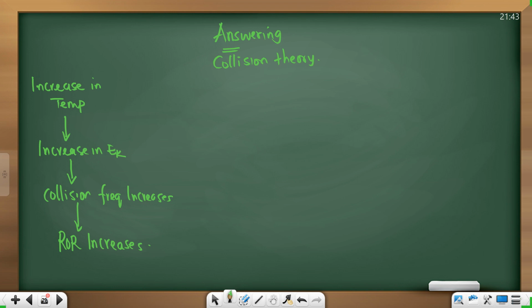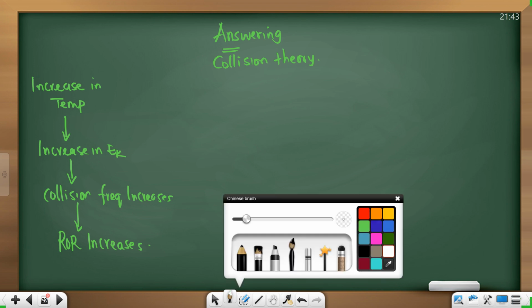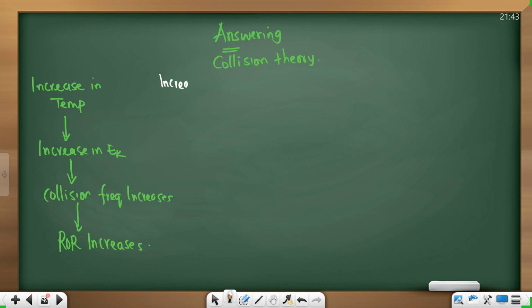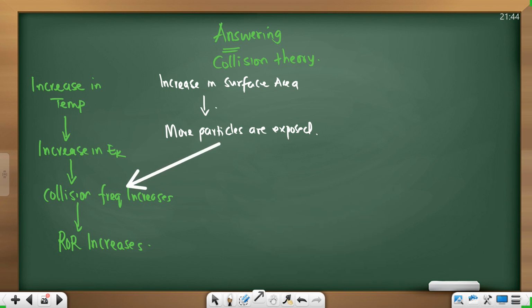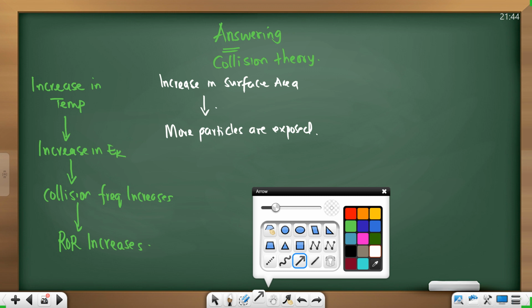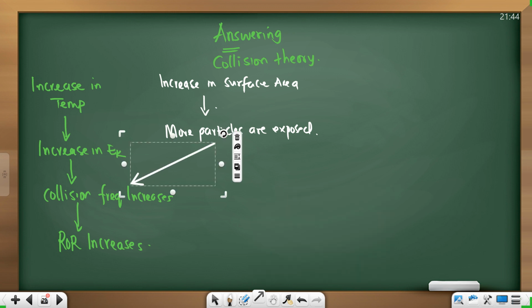That's number 1. Number 2, increase in surface area. What would happen? More particles are available, or more particles are exposed. And if that happens, collision frequency increases, rate of reaction then increases.